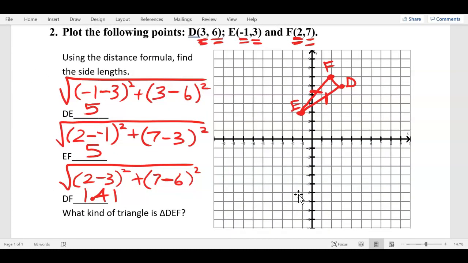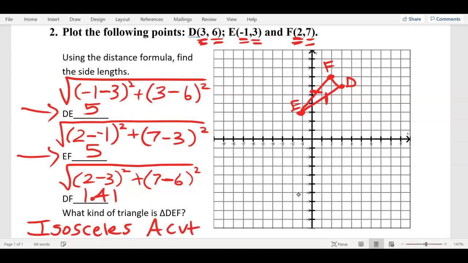So after getting these numbers, I see two of them are the same. Only two. What do you call it when only two sides are the same? Isosceles, like your eyes. Two like your eyes, isosceles. And all the angles look less than 90. What do you call that? Acute. Okay. An isosceles, acute triangle.